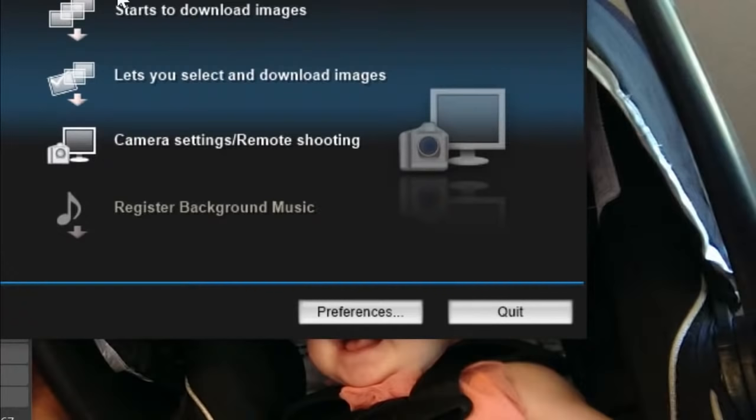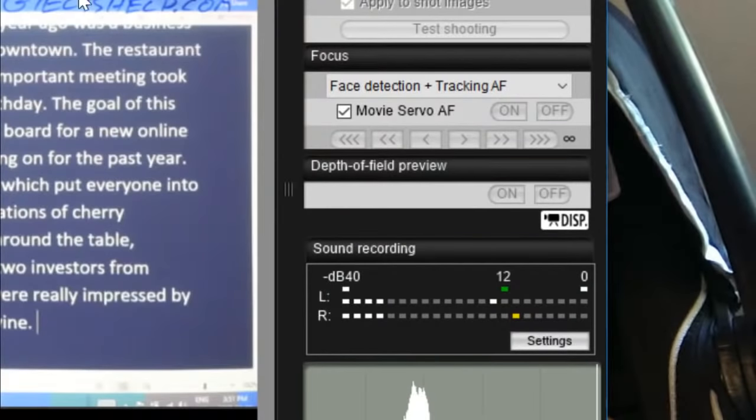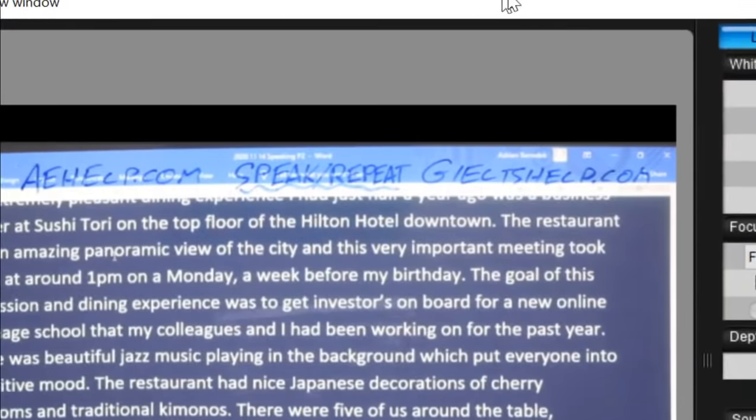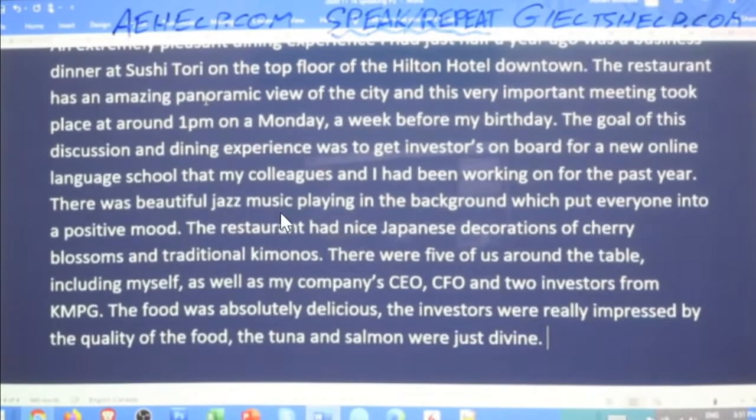She's a little baby there. But now she's 4. She sure enjoys sushi as well. All right, here we go. Okay, back we are. There you go.